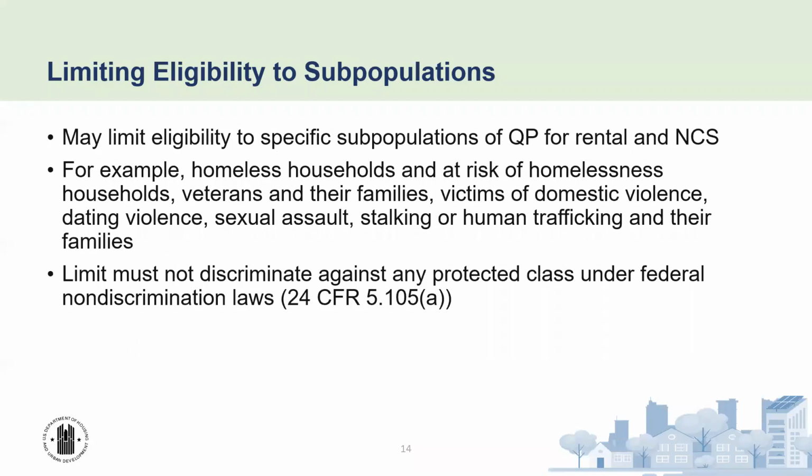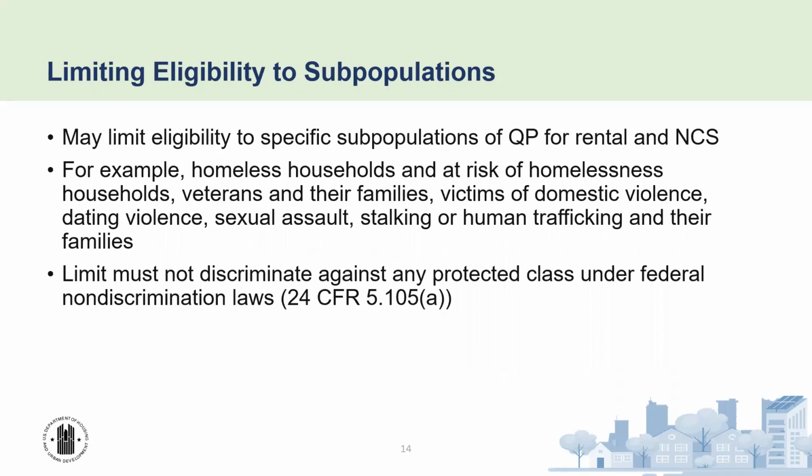So for HOME-ARP rental housing or NCS, PJs may limit eligibility to a specific subpopulation of a qualifying population, so long as admission does not discriminate against any of the protected classes or it complies with all federal non-discrimination laws in 24 CFR 5.105.